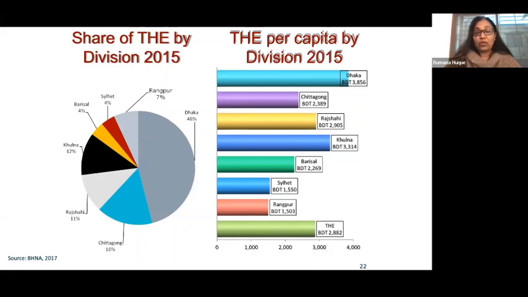So out of the total health expenditure in the country, the largest share is spent in Dhaka, the capital city, 46%. And then we can see that the lowest amount is in Sylhet and Borishal. These two divisions get only 4% of the total expenditure.